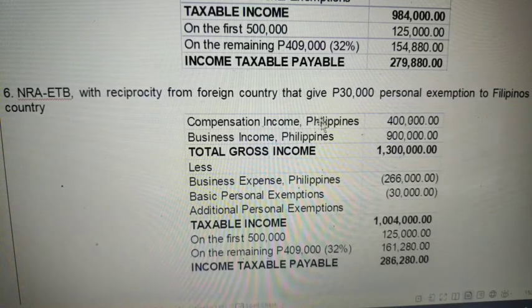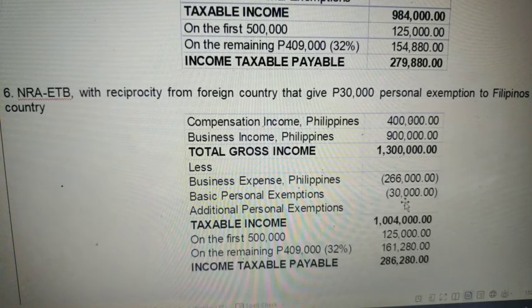Okay, the same lang din yung mga total gross income na kinuha. Compensation income in the Philippines and business income in the Philippines, and then the business expenses and the basic personal exemption, which is the 30,000 given from the foreign country.